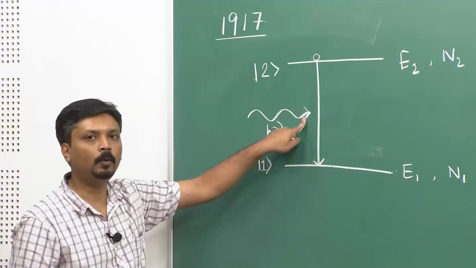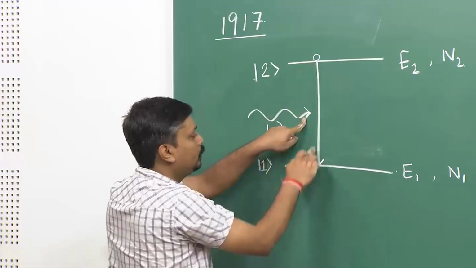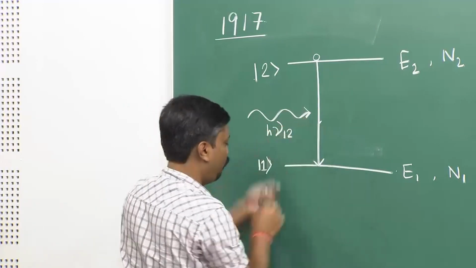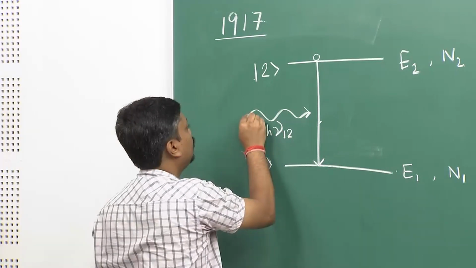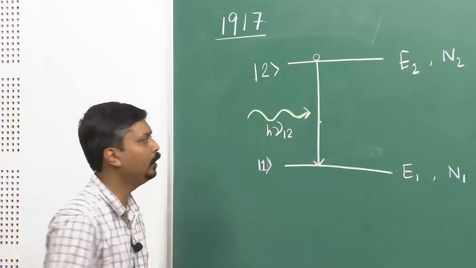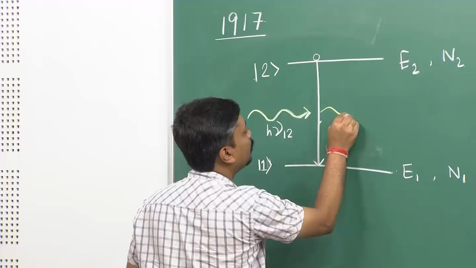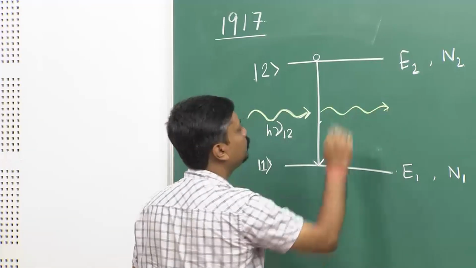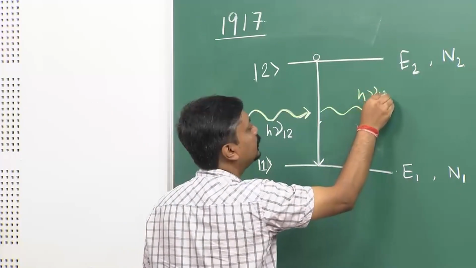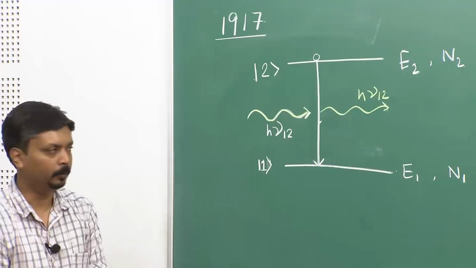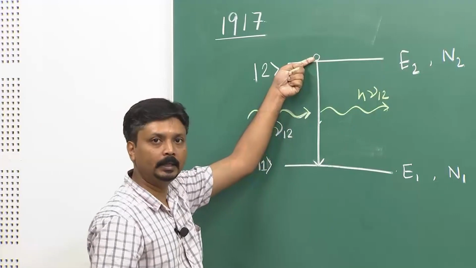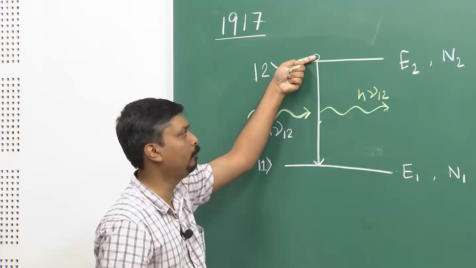In this process, while coming down, it will release a photon, which again has the energy of h nu 12. This photon coming out is due to the optical transition of this atom from 2 to 1.